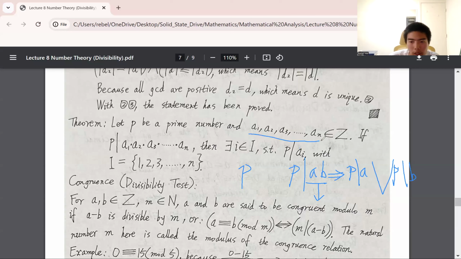And this is when there's a very long list of integers multiplied together. If P is a prime number and P divides them all multiplied together, then there exists one Ai in this list that P can divide.